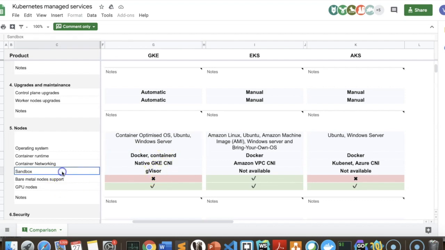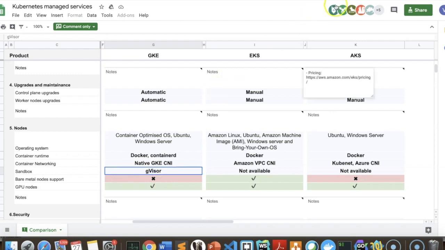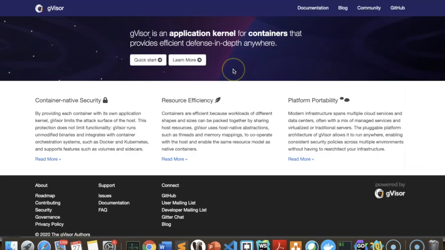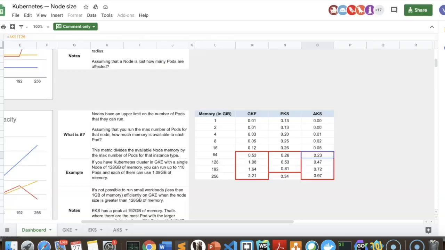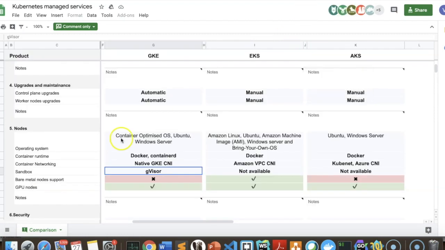And in the sandbox, you can see gVisor. gVisor is an application kernel for containers that provides efficient defense in depth anywhere. So it's a kind of kernel which provides more security to your nodes and pods actually.